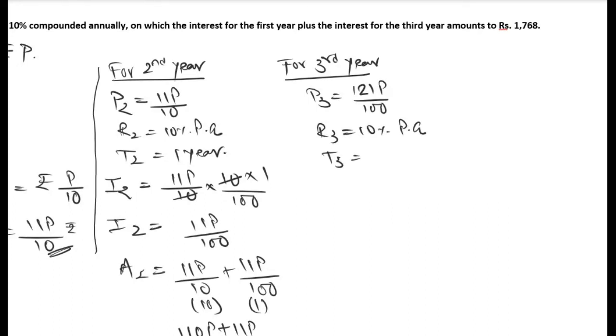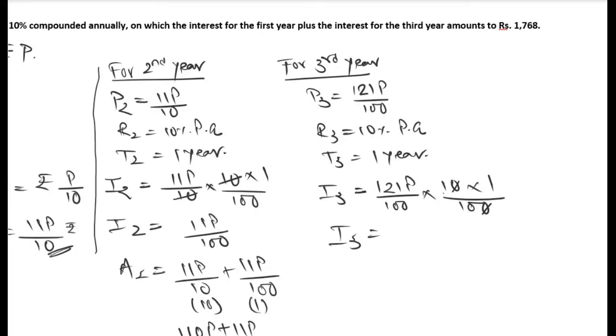T3 will be 1 year. I3 is the only thing which is required. So just be careful over here, big calculations. P3 into R3 into 1 upon 100. So this 0 cuts with this 0 and I3 will be 121P upon 1000 rupees.